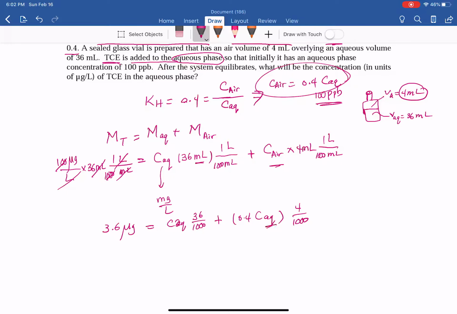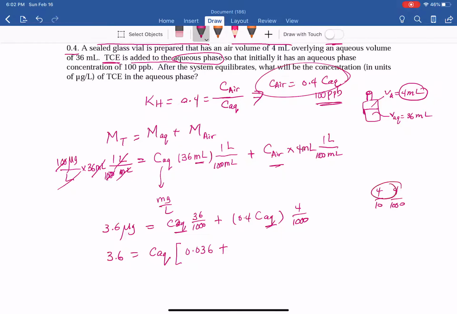Now we take C aqueous as a common factor, and it's going to be like this: 3.6 is equal to C aqueous times, 36 over 1,000, it's 0.036, plus 0.4, so this is 4 over 10, and then 4 over 1,000.